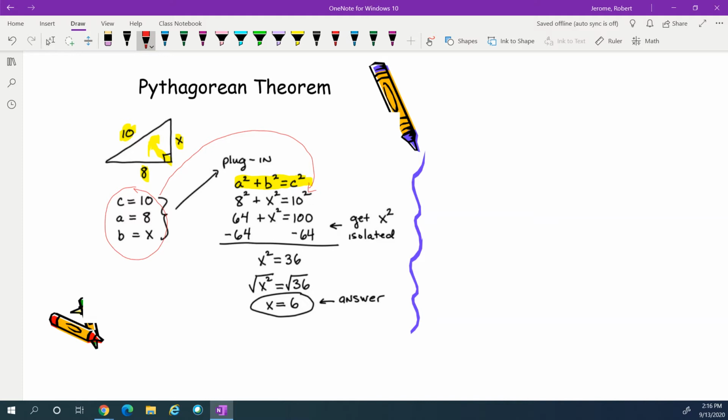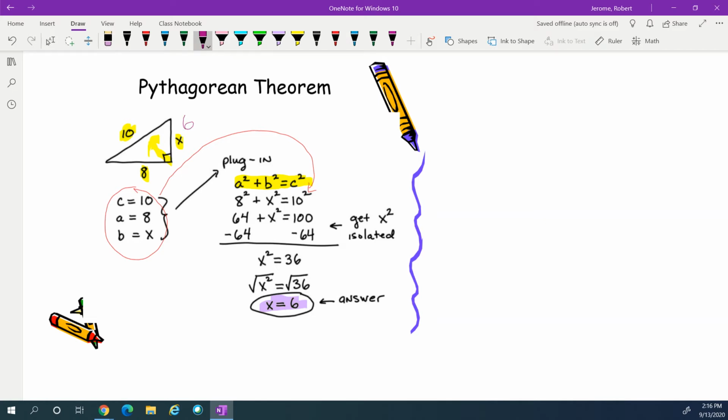You can see as we work out our math, our final answer here is that missing side, whether we call it x or we call it b, its value is 6. Let me make that a little bit neater there. Its value is 6.